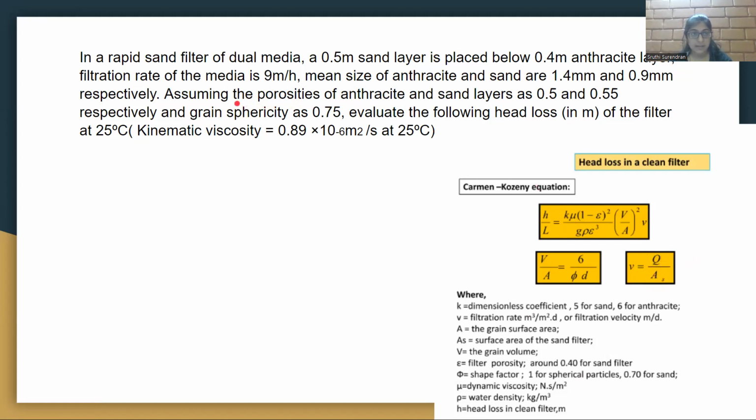But in this case, since the filtration rate of the media is given as 9 meter per hour, you can directly substitute it in this value over here and do the problem. Again, something to be careful of, this value is given in meter per hour filtration rate. So you standardize the units for all of it and then find the answer.